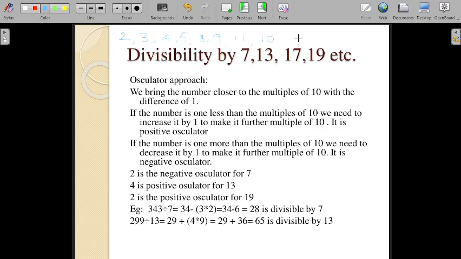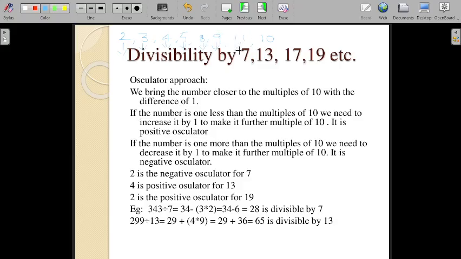See, for 2, the last one digit should be checked. For 3, the sum of digits should be checked. For 4, the last 2 digits should be checked. For 5, the last digit should be 0 or 5. For 8, the last 3 digits should be divisible by 8. For 9, the whole digit sum should be divisible by 9, sorry.